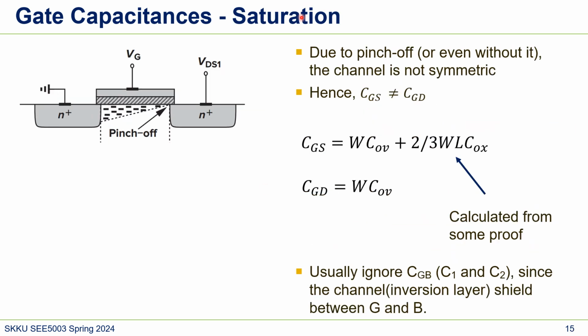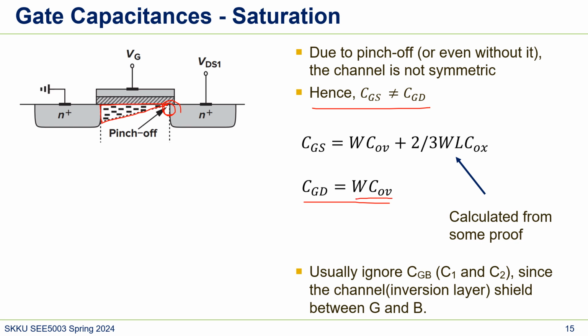Now the saturation region. This is even weirder looking because you see that the channel is not symmetrical. Now the channel has this triangle shape. So because it's not symmetrical, CGS and CGD are not the same. For example, CGD doesn't have any channel here, so CGD doesn't share anything from the gate to channel capacitance.